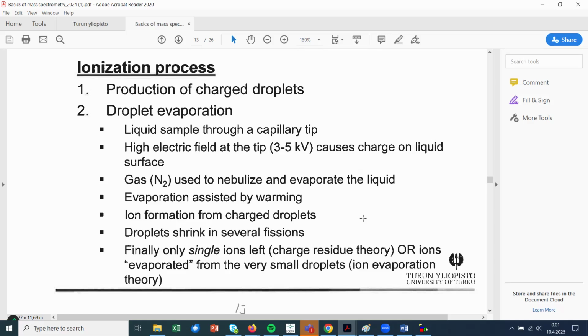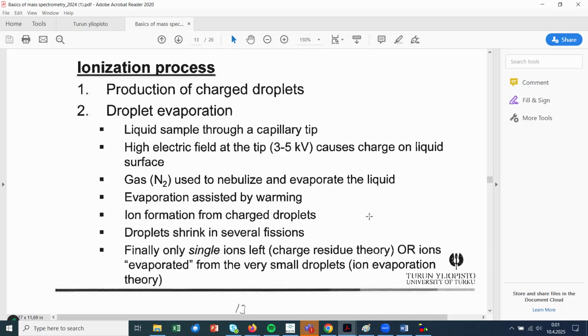When they are very small, finally there are only single ions left, so all the solvent has been evaporated. Whatever the exact mechanism is, we are left with single ions in gas phase at the end of the process, and we have got rid of all the liquid solvent. The droplets are just used as a tool of ionization in this technique.